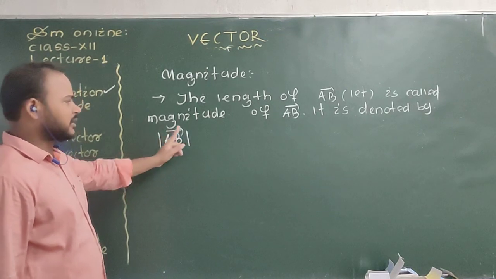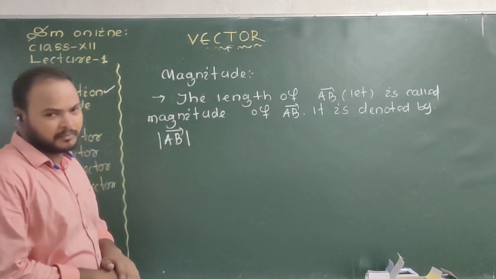Okay, it is denoted by AB vector magnitude.